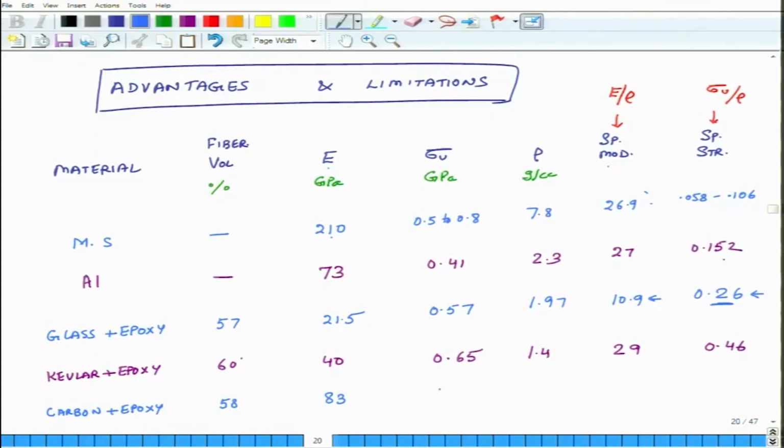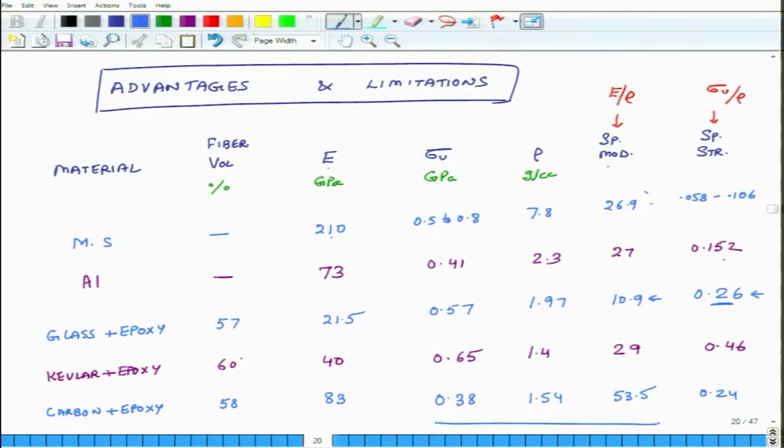Its strength is 0.38, density is pretty low, 1.54, and when you look at its specific modulus, it goes up really high, it is 53.5. So, it is almost 2 times that of steel or aluminum. And its specific strength is 0.24.